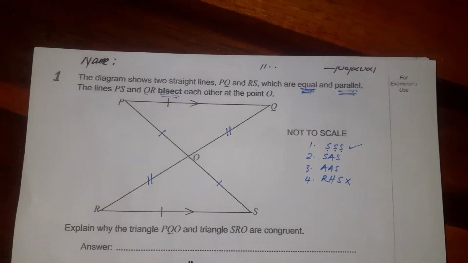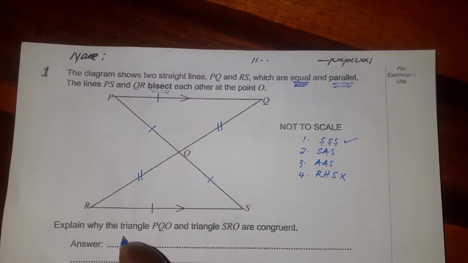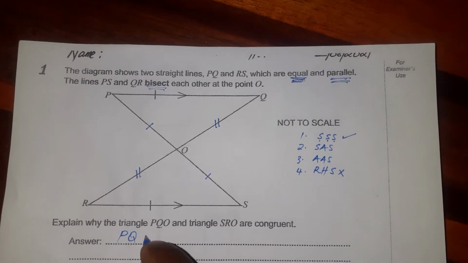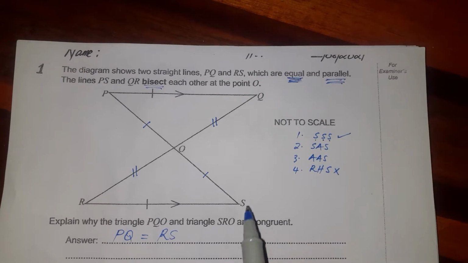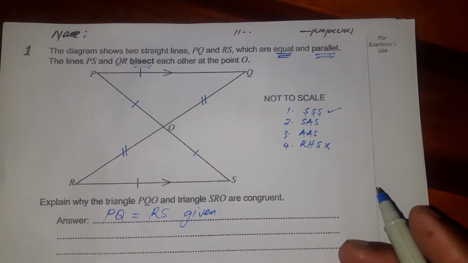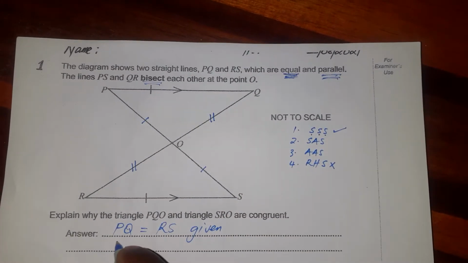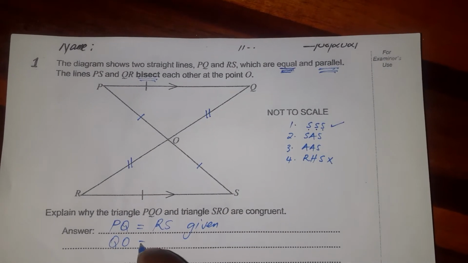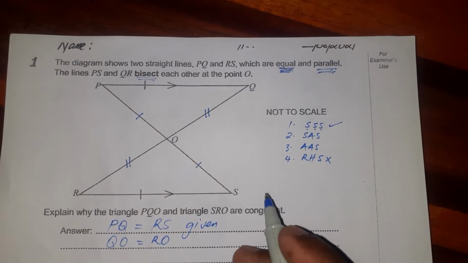Now, what do we say? We write like this. We say PQ is equal to RS. That is what we are given. And QO is equal to RO.